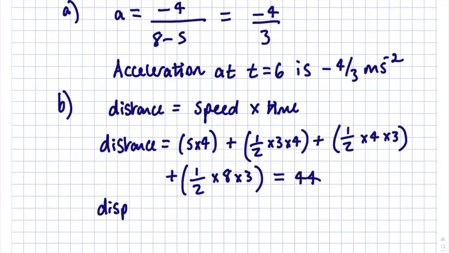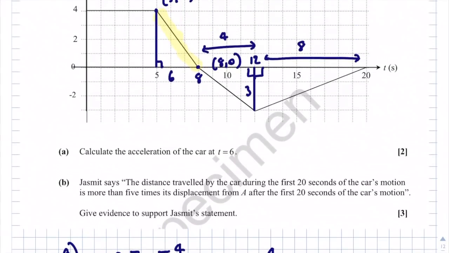Now the displacement. Remember, it's a vector quantity, so we need to consider direction. So what's going to happen here is all of our values are going to be the same, but some of them are going to be positive and some of them are going to be negative. The values above our t-axis are positive and the values below it are negative.